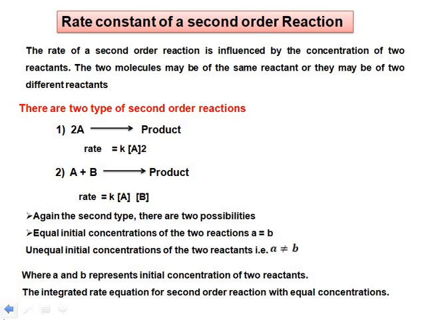That is, equal initial concentration means A is equal to B, but unequal concentrations means A is not equal to B, where small a and small b represent the initial concentrations of the two reactants, capital A and capital B.